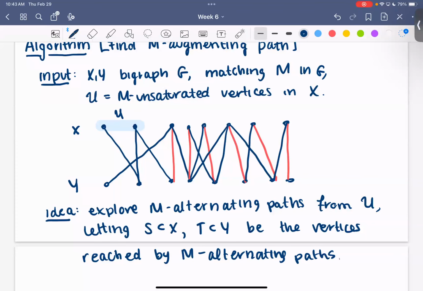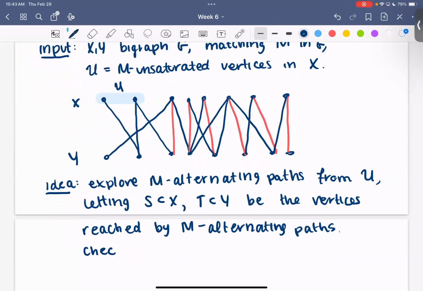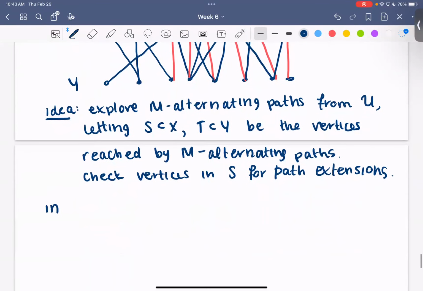And then we're also going to check vertices of S for path extensions. Okay, so for our initialization, I'm going to start with S equal to U and T being the empty set.